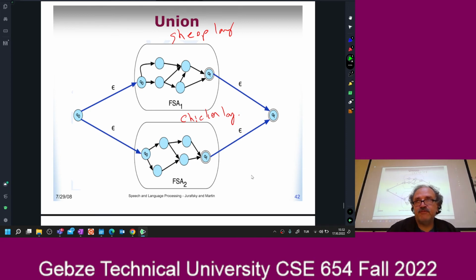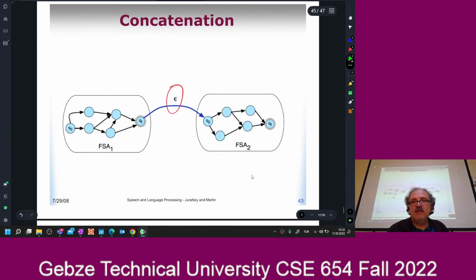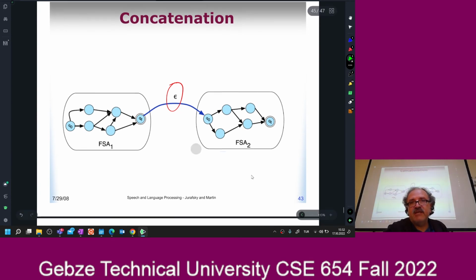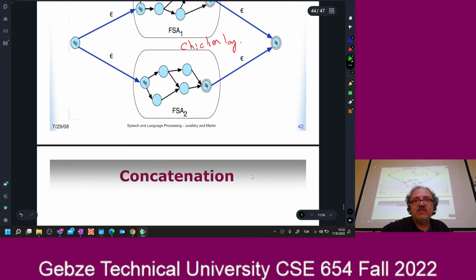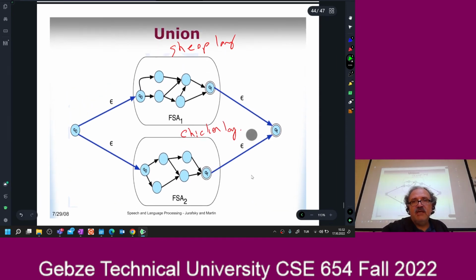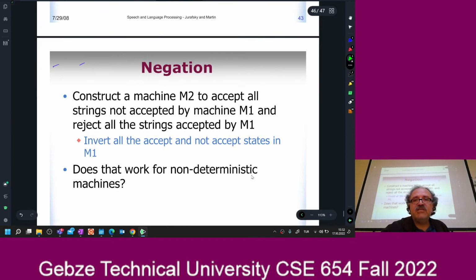Concatenation is, after each sheep word there is a chicken word, then I can do this. This is the concatenation. This is kind of union. This is concatenation.